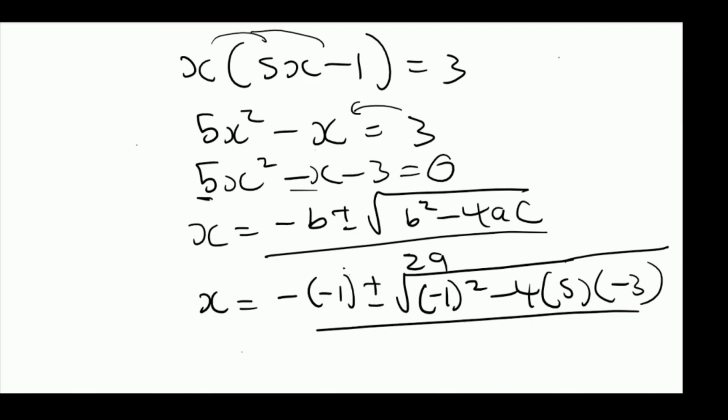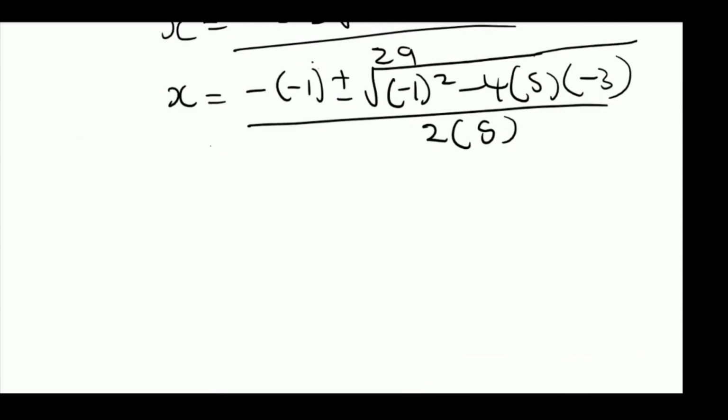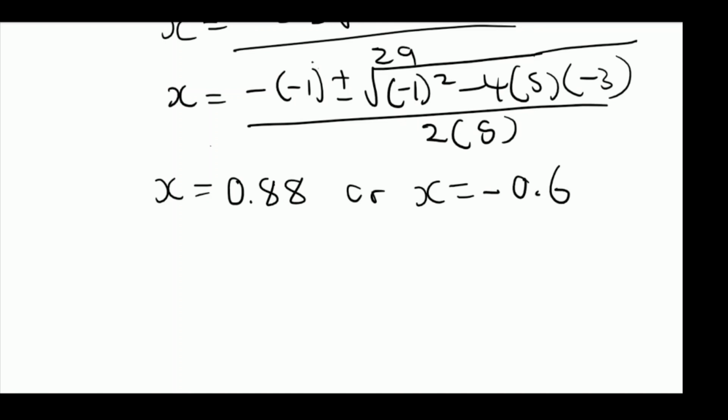And then we divide by 2 into a, which is 5. Then our solutions of x, because we're required to write in 2 decimal places, it's going to be 0.88, or x equals minus 0.68. So these are your solutions of x.